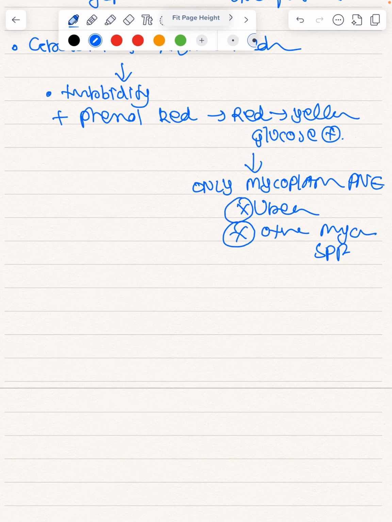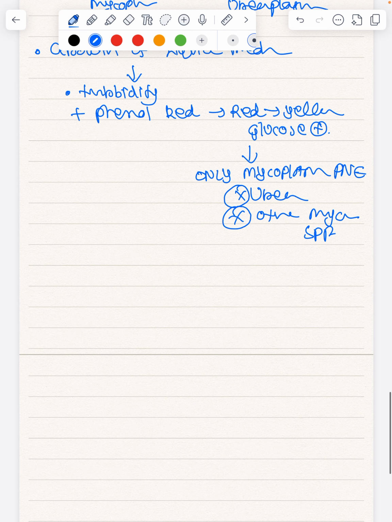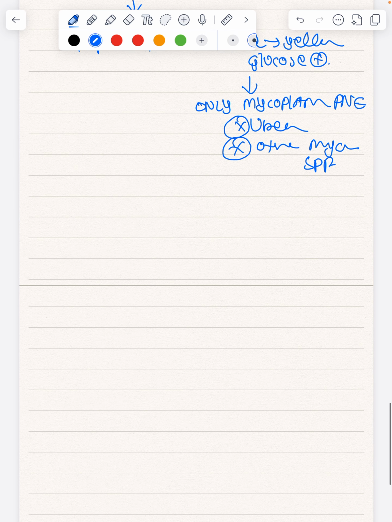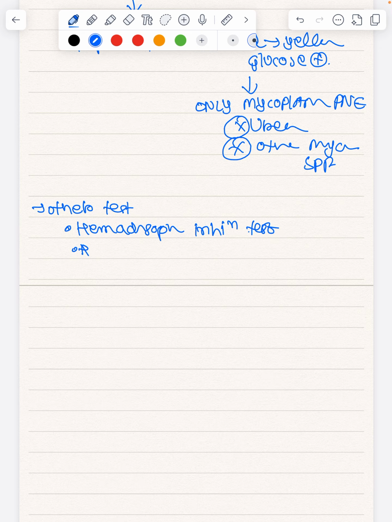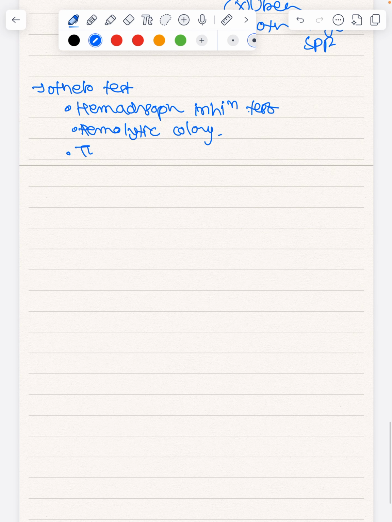After the growth of Mycoplasma pneumoniae on the solid as well as the liquid medium, we have some other tests. In these other tests, only the names are important: hemadsorption inhibition test, hemolytic colonies, tetrazolium reduction test.